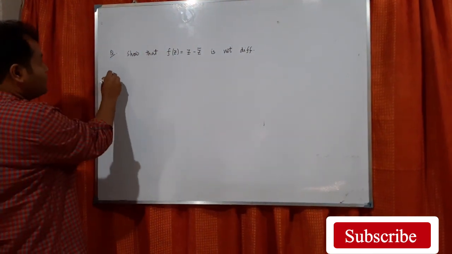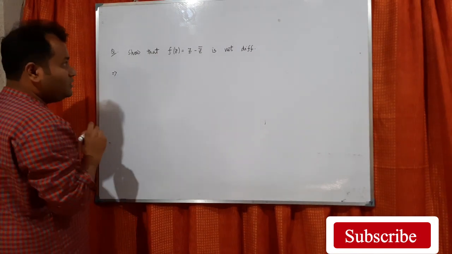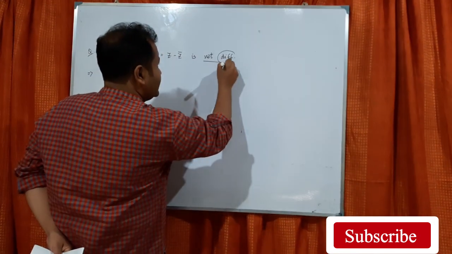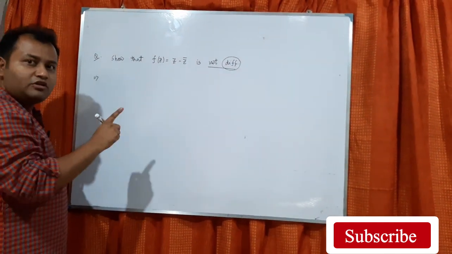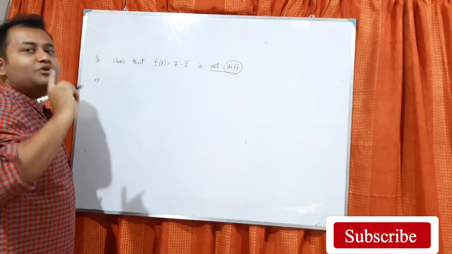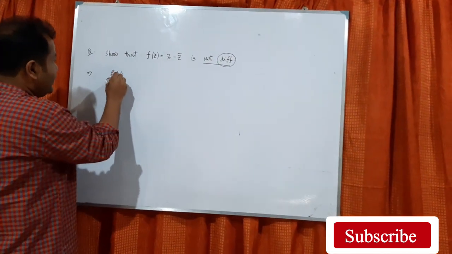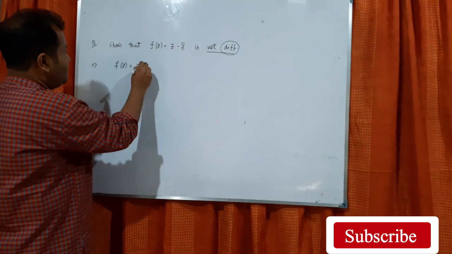When this kind of problem will be there, what we have to do? When something related to differentiability question will be there, you have to check CR equation in the beginning. So what is given? f(z) equals z minus z bar.